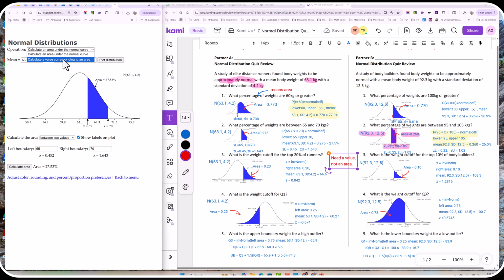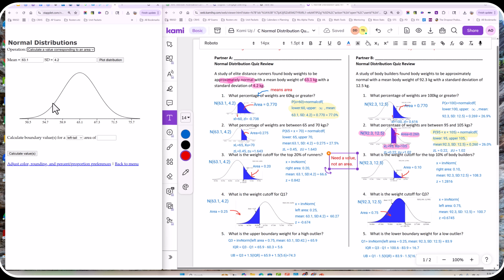We want the value. All right, so I'm going to calculate a value, and it's still the same mean and standard deviation, 63.1 and 4.2. I want the right 20%, top 20%. Calculate value and show labels on the plot, and there you go. That matches the answer I have in the key.